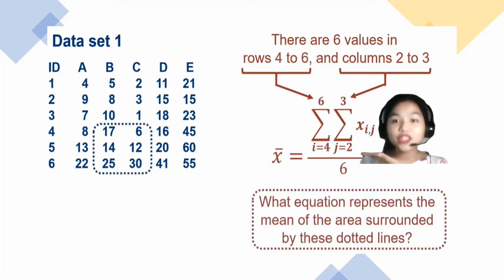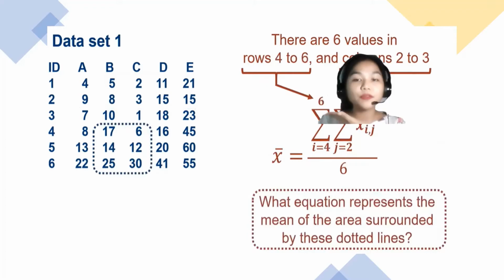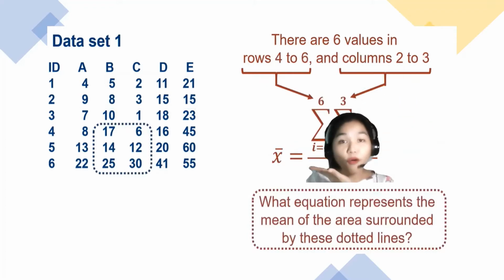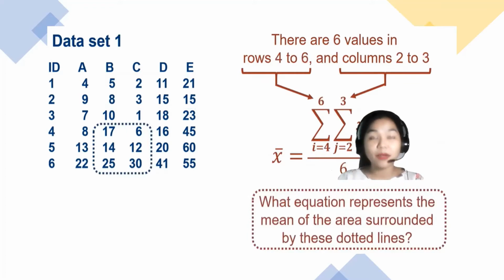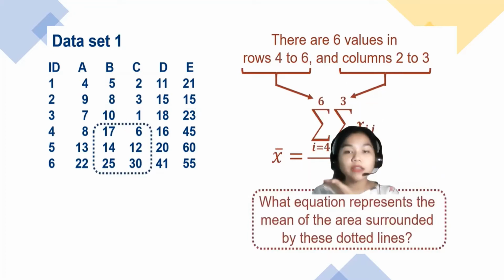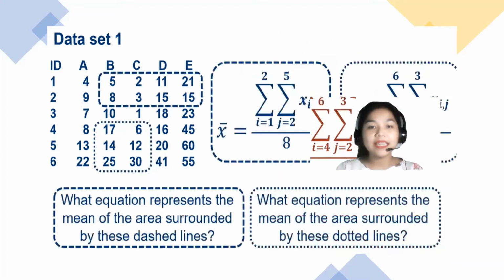So the equation is summation of xij as i goes from 4 to 6 and j goes from 2 to 3. Over 6 because 6 is the number of samples, or n, small n. So this is the answer for the equation that represents the mean of the area surrounded by the dotted lines.